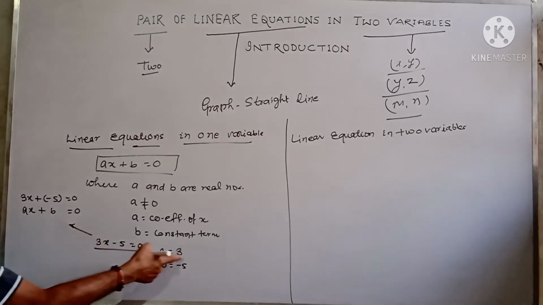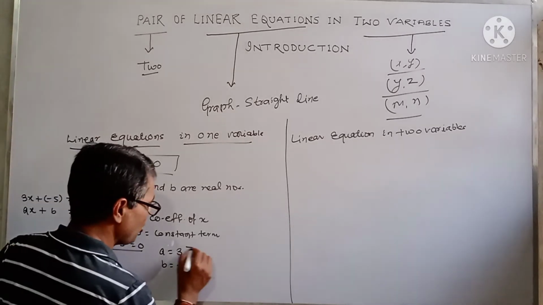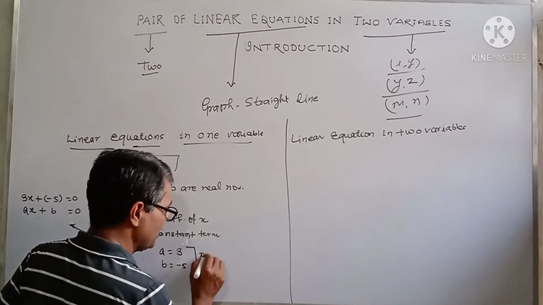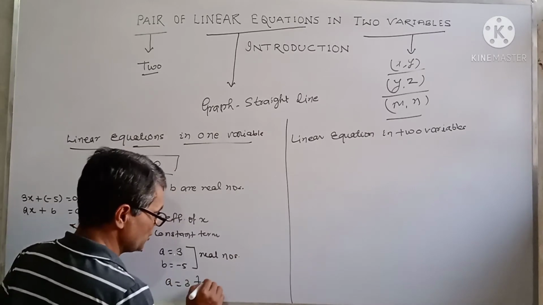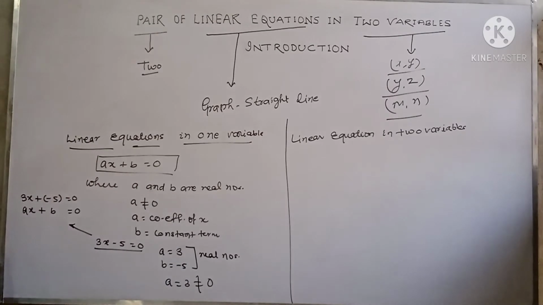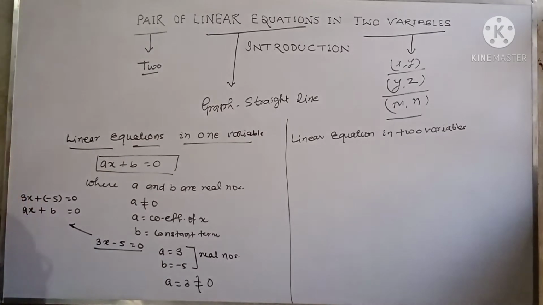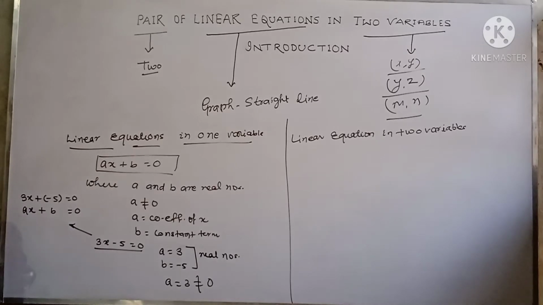You see a is equal to 3 and b is equal to minus 5, and both the values of a and b are real numbers, and a is equal to 3 which is not equal to 0. Therefore 3x minus 5 is an example of linear equation in one variable. Why one variable? Because this equation has only one variable x, and therefore this is an example of linear equation in one variable.